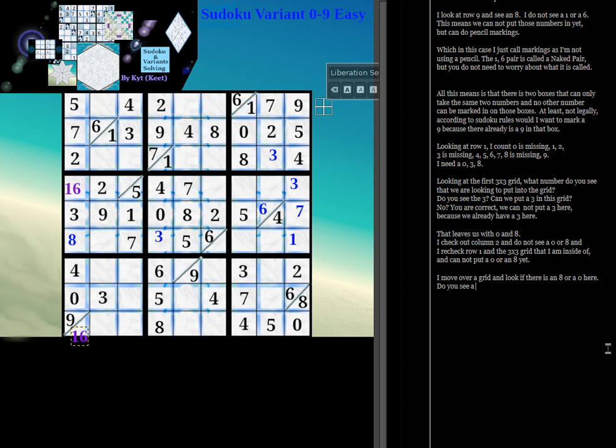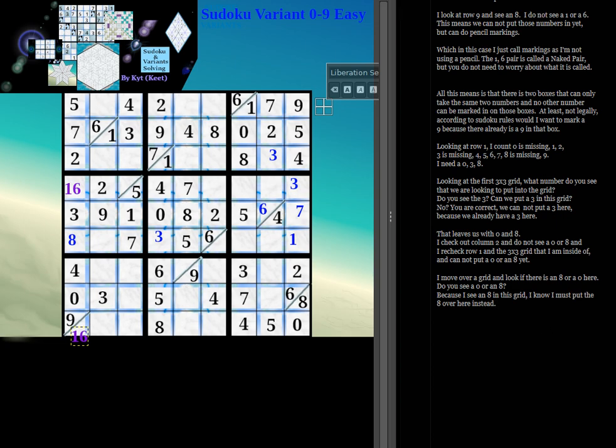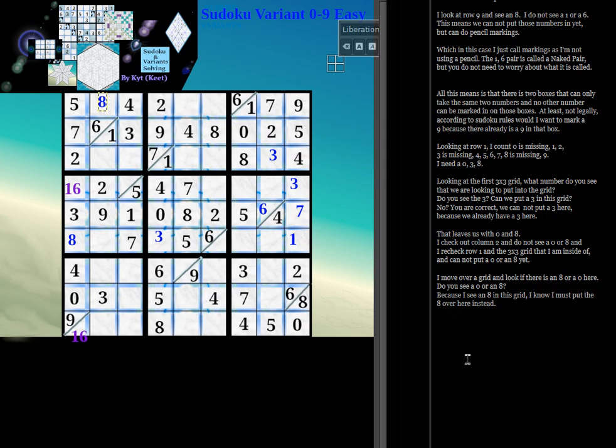Do you see a 0 or an 8? Because I see an 8 in this grid, I know I must put the 8 over here instead. Column 2, row 1 gets the 8.